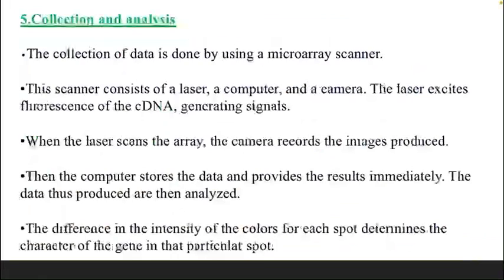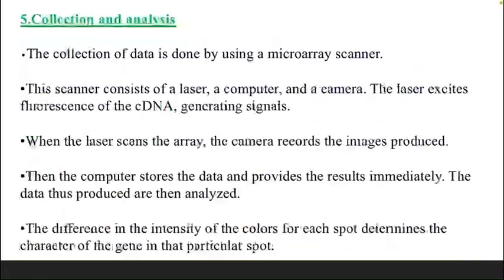Now the last process is the collection and analysis. In the collection of data, we are using a microarray scanner, and the scanner consists of a laser, computer and a camera. The laser excites the fluorescence of the cDNA, which will result in the generation of signals.